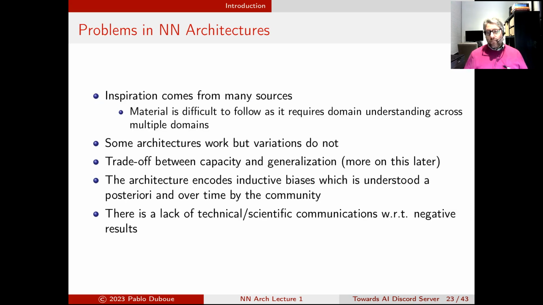And part of this seminar is to look at what problems exist in neural network architectures. By far, one of the main issues is that they take input from many sources.